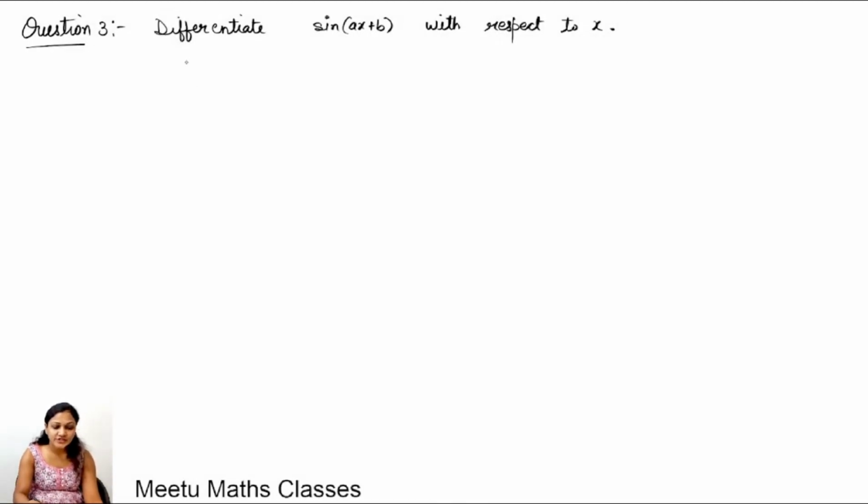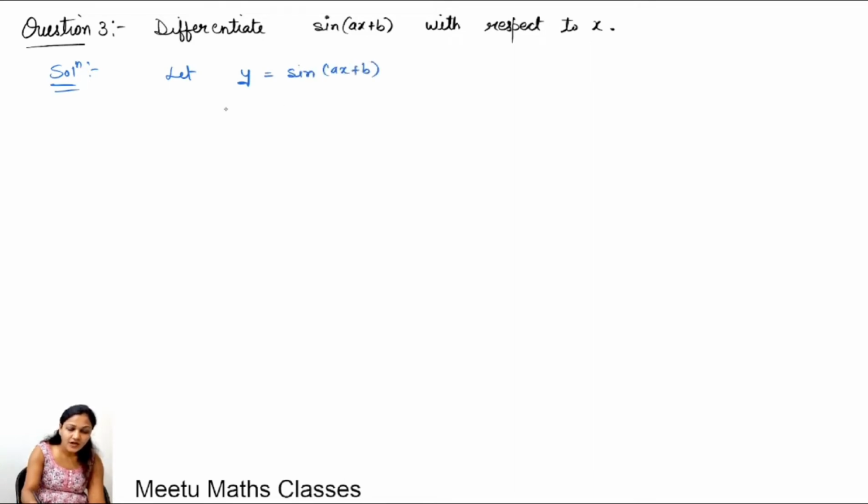Now your next question is differentiate sine of ax plus b with respect to x. Now to differentiate this function, let our function be y is equals to sine of ax plus b. Now we have to differentiate this y with respect to x.